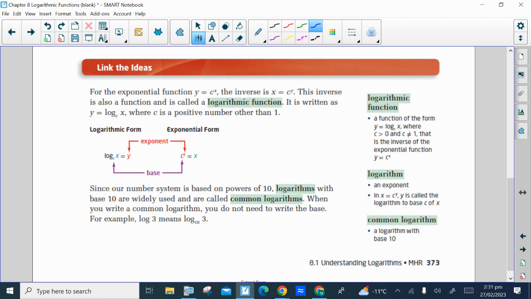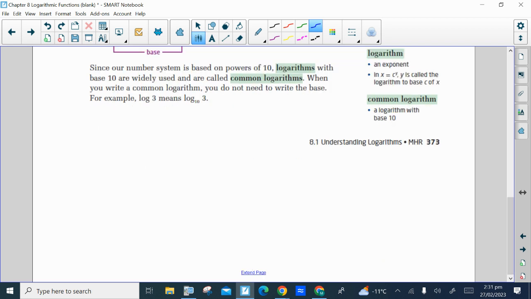So in order to convert from one to the other, here's what I always say. You start with the base and cycle through. For example, you know that 10 to the power 2 equals 100. That is true. If you want to write that in logarithmic form, start with the base and cycle through. Remember, the logarithmic form also has a base, and it is the same as the base of the exponential form, which is 10. So this would be log base 10. That's the first part of it.